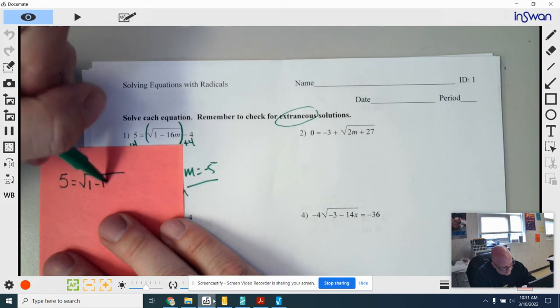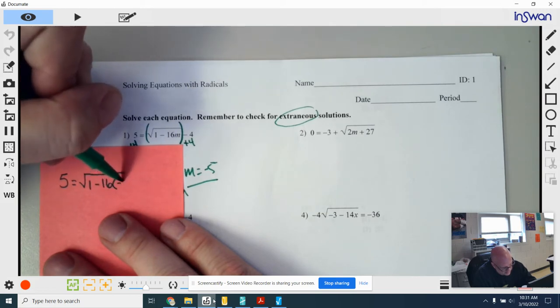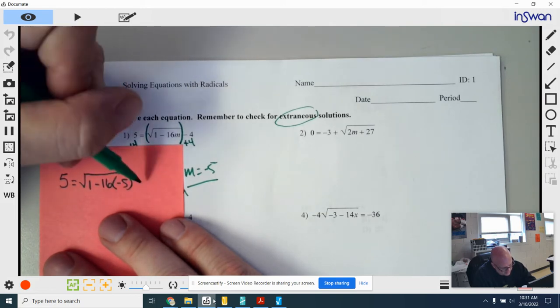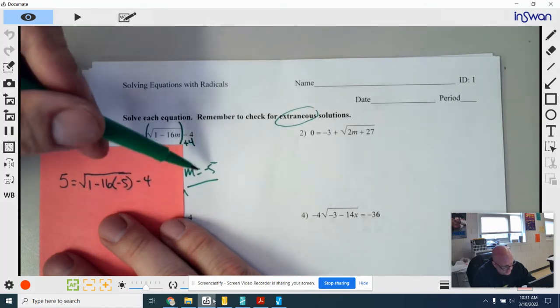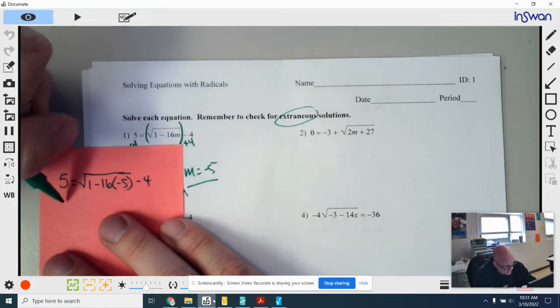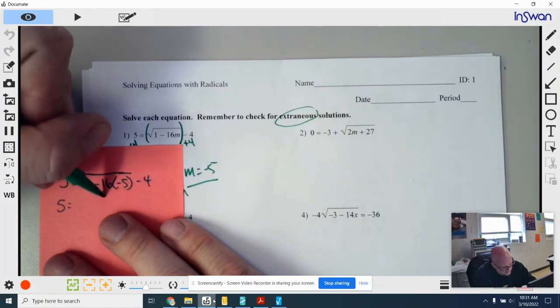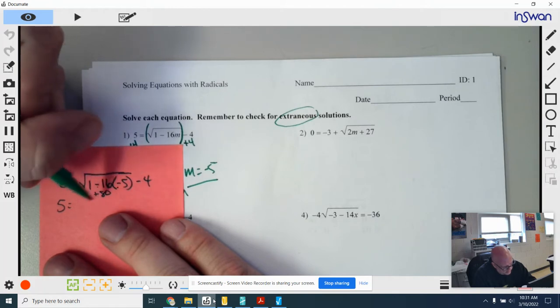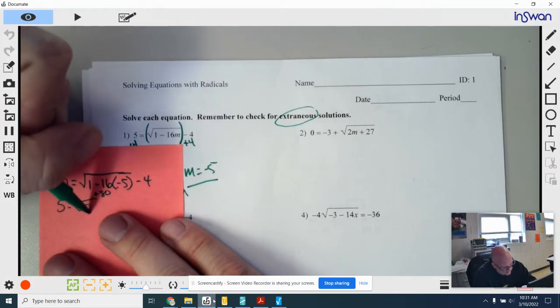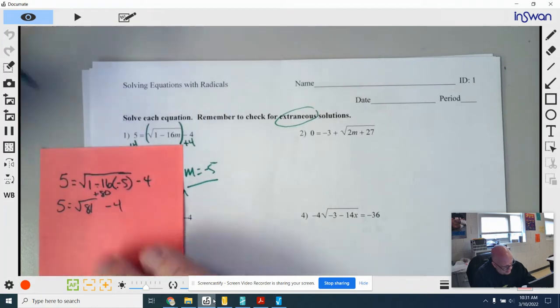1 minus 16, plug in a negative 5 there, and take away 4. Again, the negative 5 came from the m. So 5 is equal to the square root of 1 take away negative 16 times negative 5, well, that's going to be positive 80. So that's really 1 plus 80. So you have the square root of 81, and then take away 4.